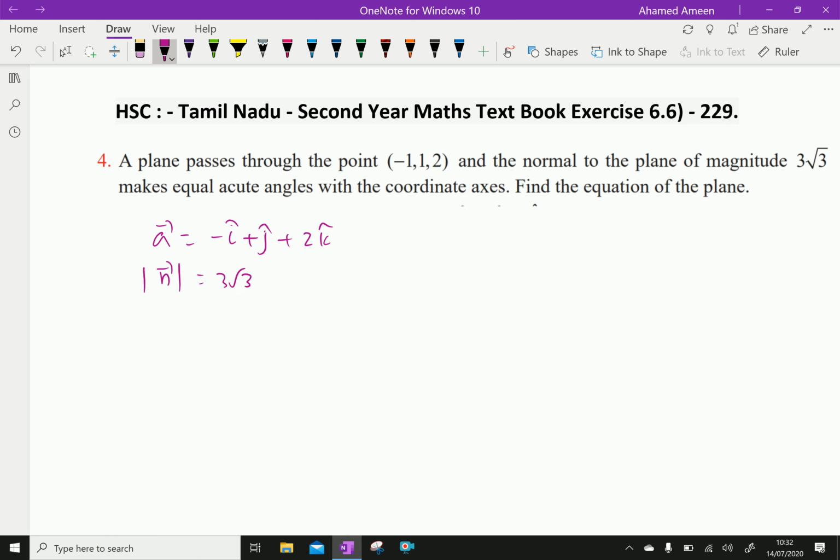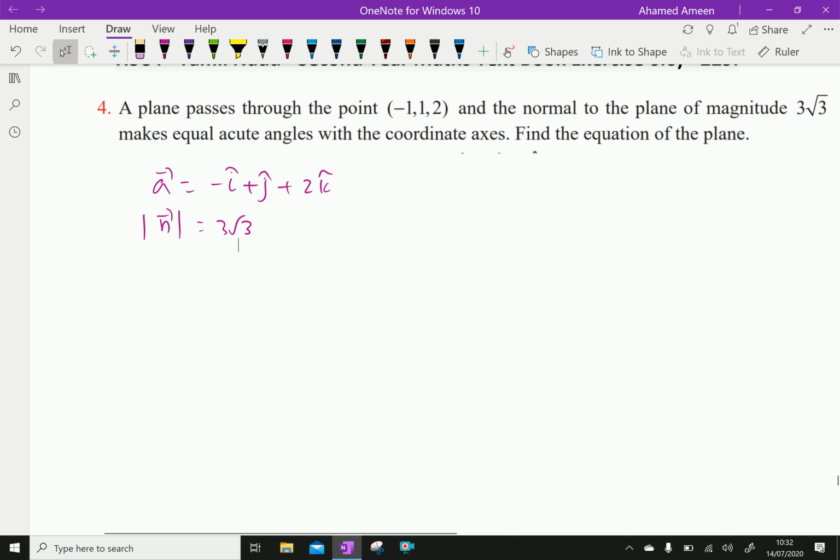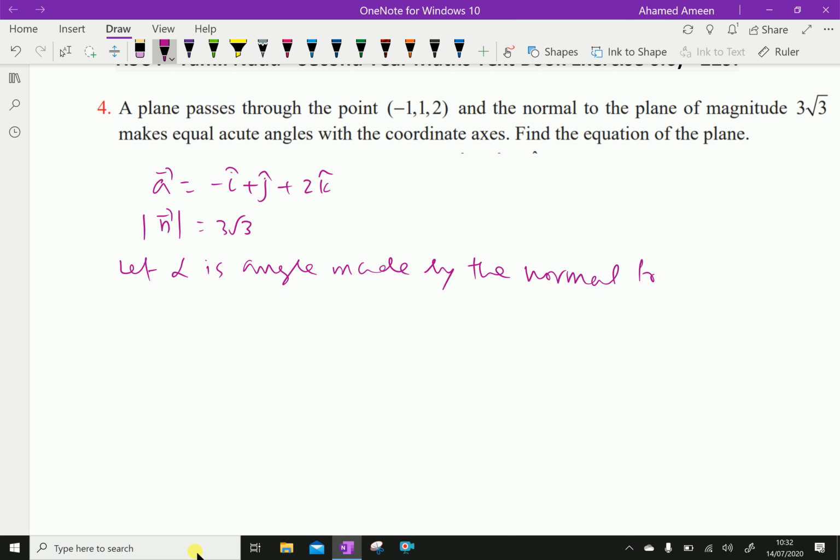Here we know that, let alpha be the angle made by the normal to the coordinate axis.